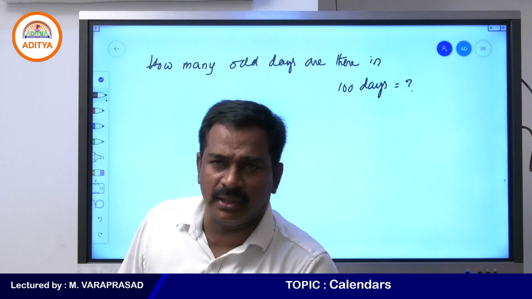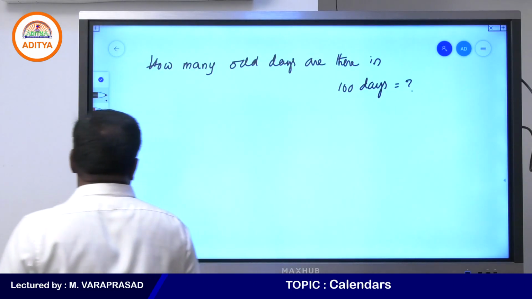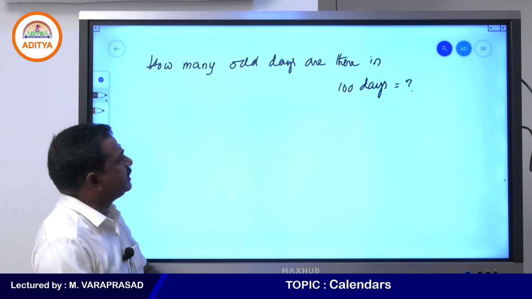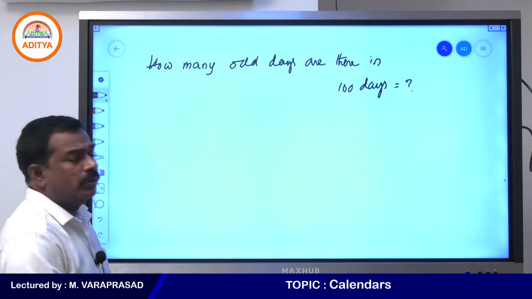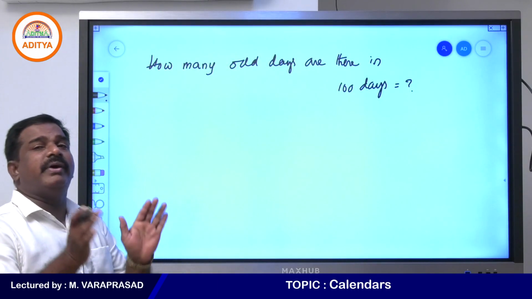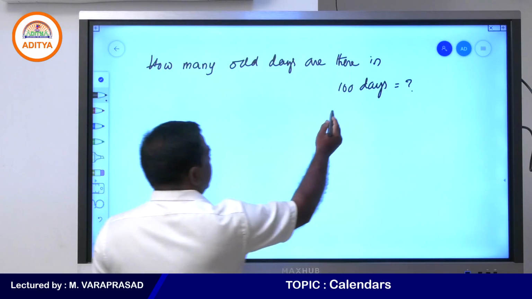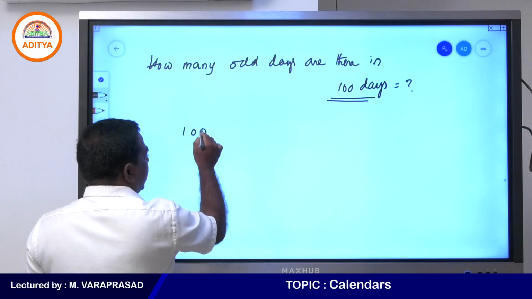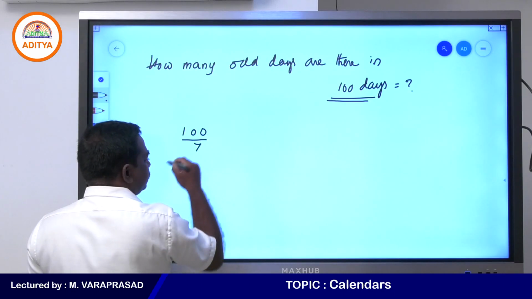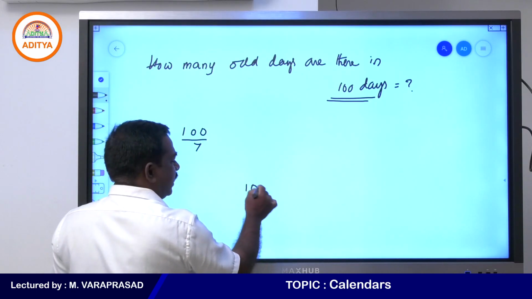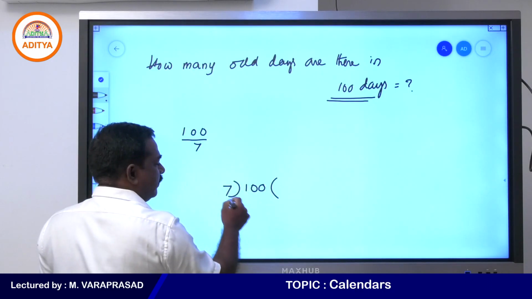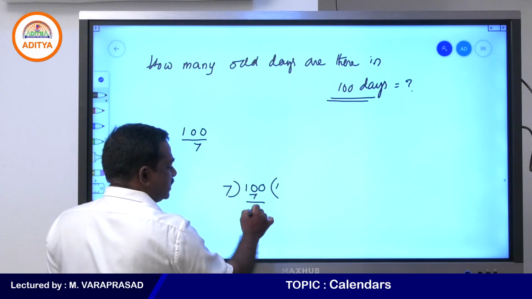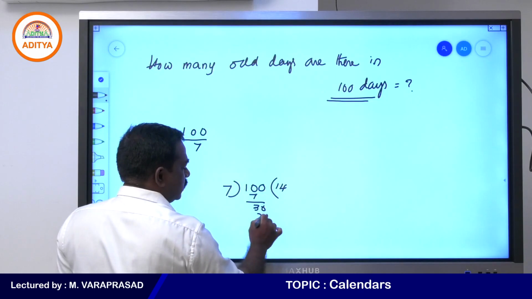To convert days into weeks, you need to divide by 7. Suppose 100 days are given. When days are given, you divide the days by 7. If you divide 100 by 7, 7 1 7, 30, 7 4 28.